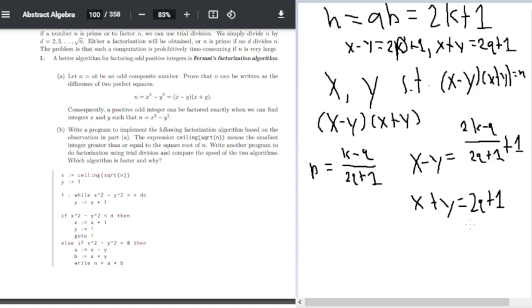So when we factor this out, we're going to get x minus y, x plus y is equal to 2k minus q over 2q plus 1, plus 1, times 2q plus 1.